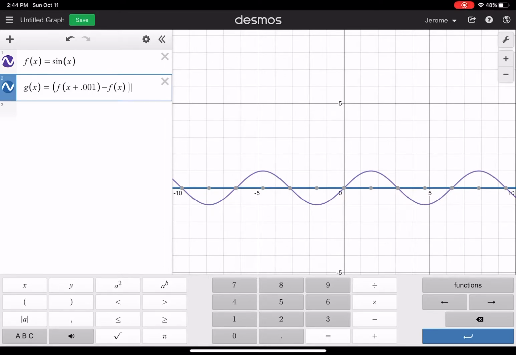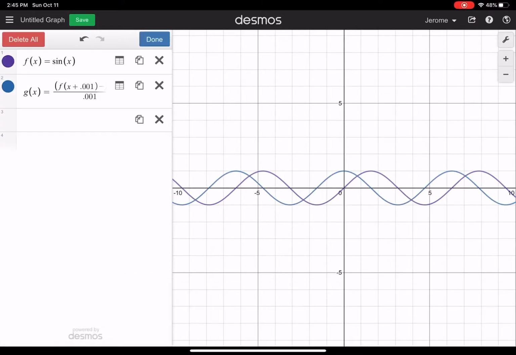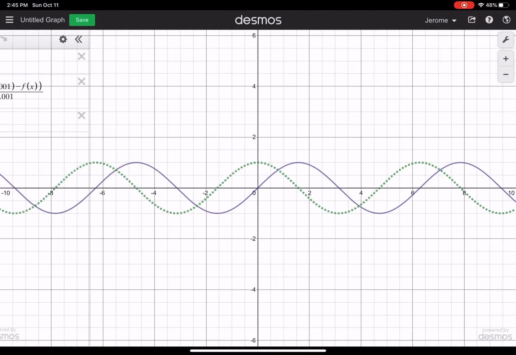And then all of this is divided by that same h value, 0.001. Of course, if you're doing this on your own graphing calculator, you're going to use y1 and y2. Again, I don't care for the colors on this one. Maybe green, and then also maybe dotted. There we go. This looks fantastic.